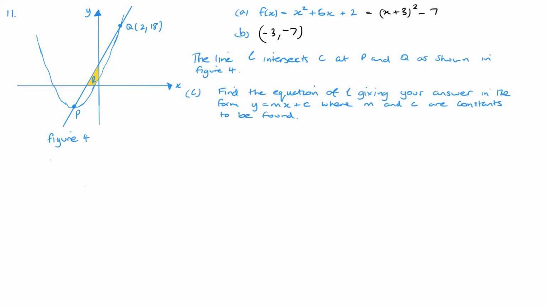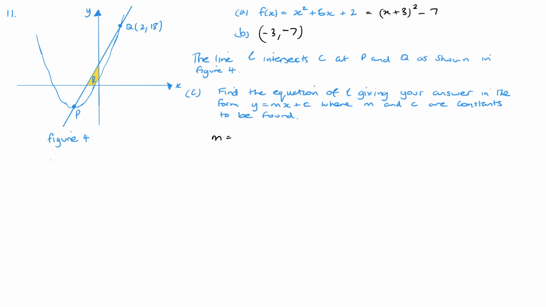Okay, now we move on to part C. So the line L intersects C at P and Q, as shown in the diagram. Find the equation of L, giving your answer in the form y equals mx plus c. So we've got coordinates of Q, and we have now the coordinates of P. We could do it in one go, or we can work out the gradient separately first. So I'll do that.